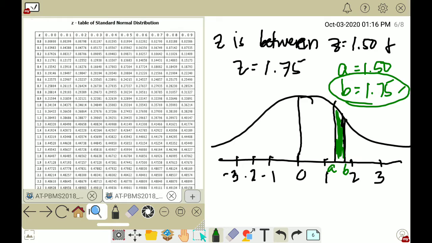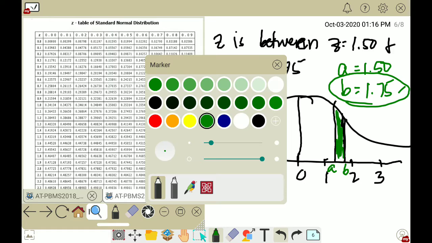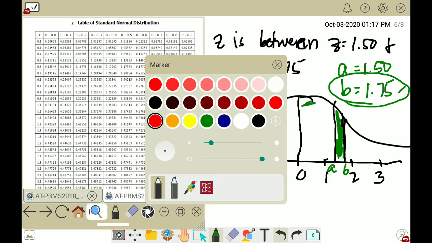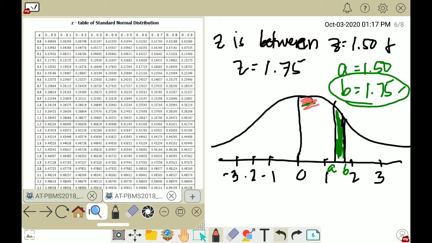Because the area of B from your mean covers also the area of A. So in this case, what we're going to do is simply subtract the area of A from the area of B.